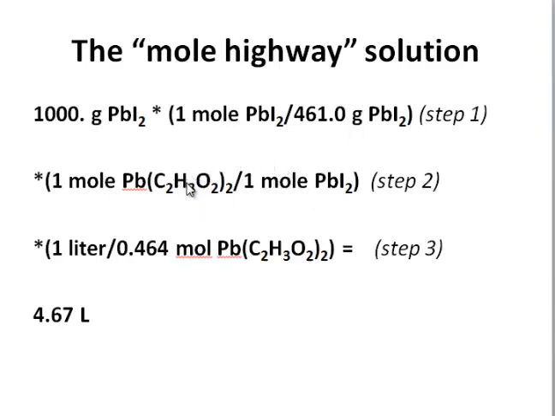Use the balanced equation to convert from moles of lead iodide to moles of lead acetate. In the final step, instead of converting to grams, we take moles, which is what we calculate in steps 1 and 2, moles of lead acetate, and multiply that by 1 liter over 0.464 moles.